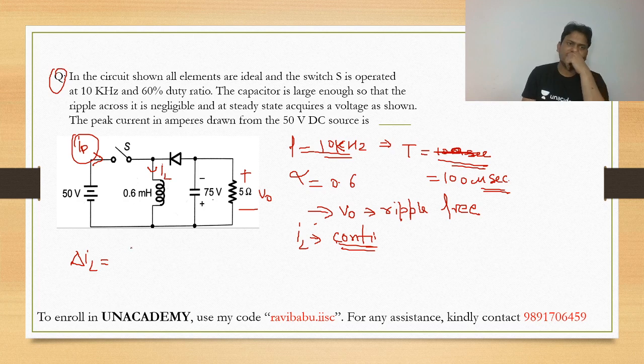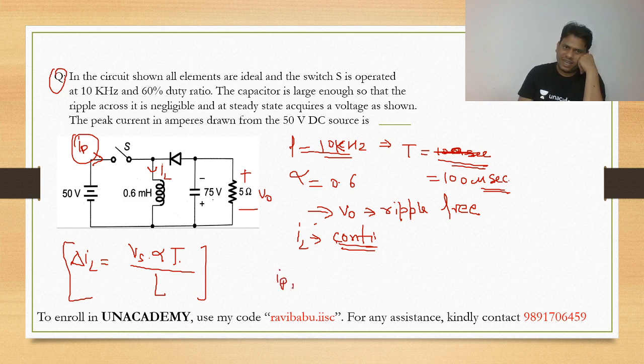Del IL is Vs into alpha into T divided by L, the ripple formula for this. But what will be this I peak? I peak max is nothing but IL average plus del IL by 2.